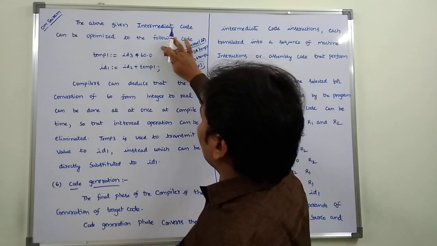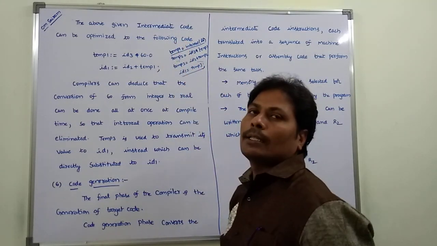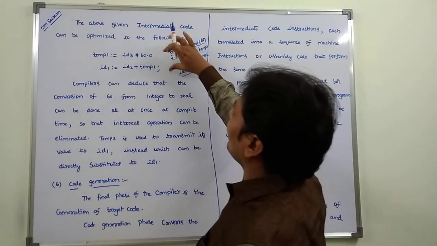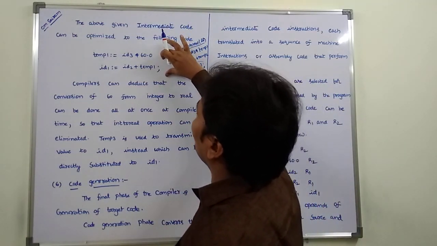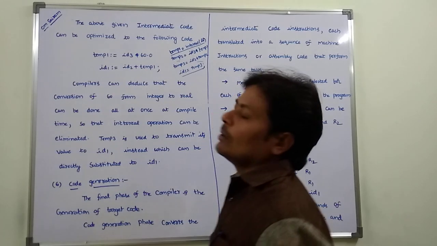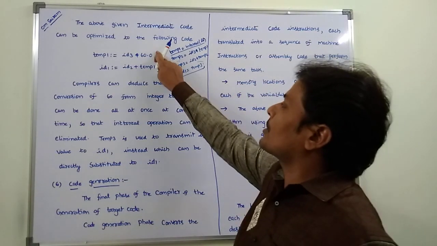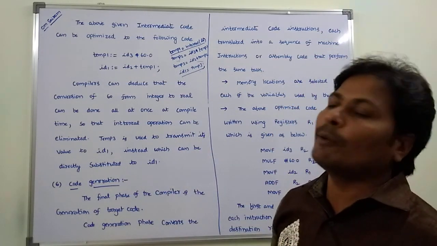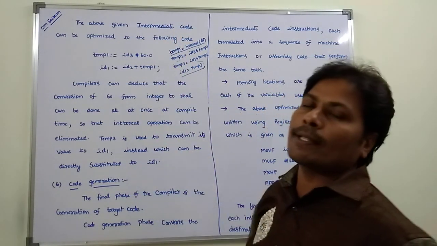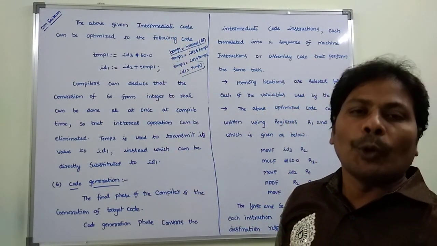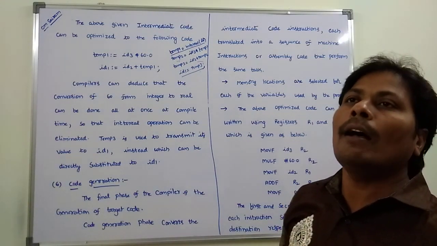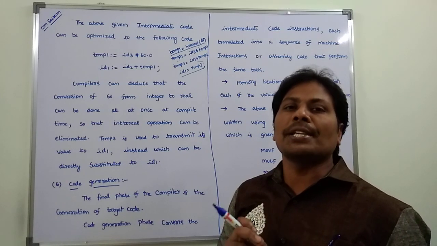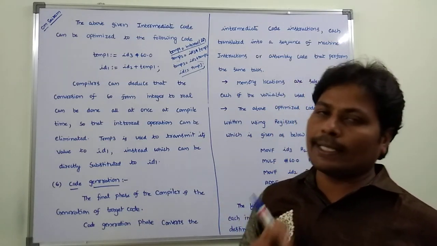So these 4 instructions are the intermediate code representation. This intermediate code representation can be optimized into these 2 instructions by eliminating this one and this one. Only 2 instructions are the optimized code instructions for the given statement: position is equal to initial plus rate into 60.